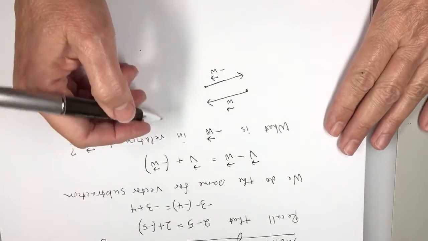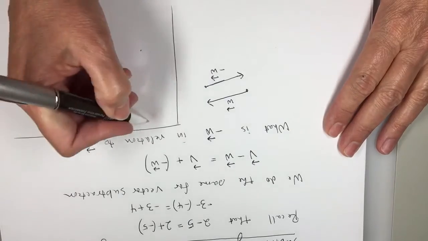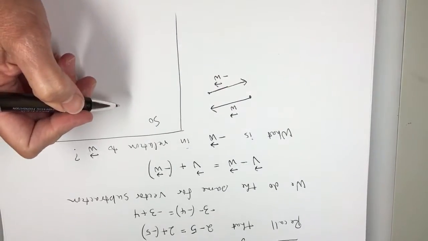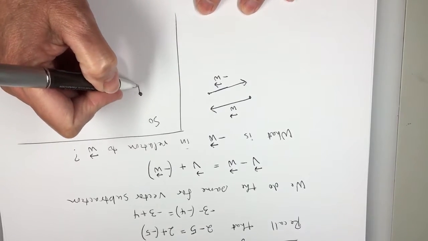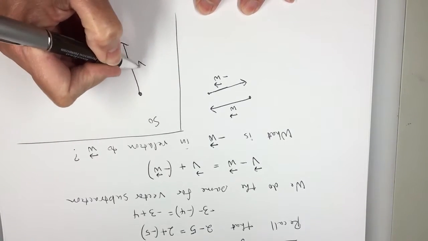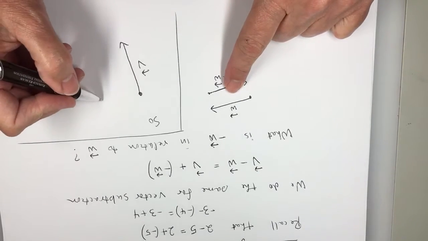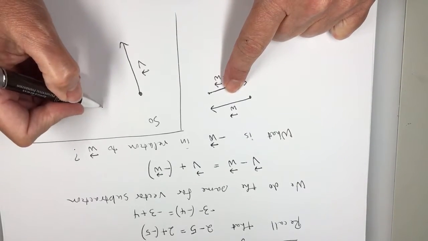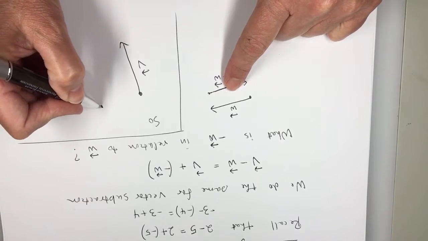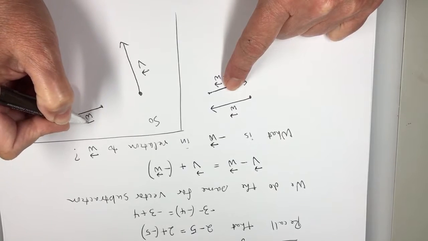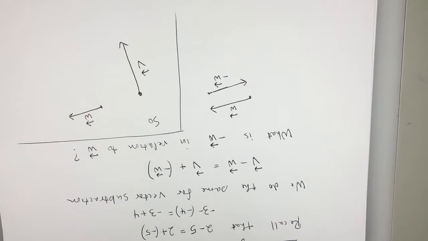So if I have two vectors, if we have vector V, I have it going down this time, and then here's my W right here. I'll try to use the same, pretend that's perfect. Okay.